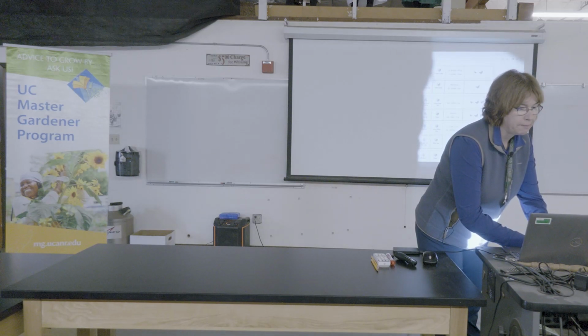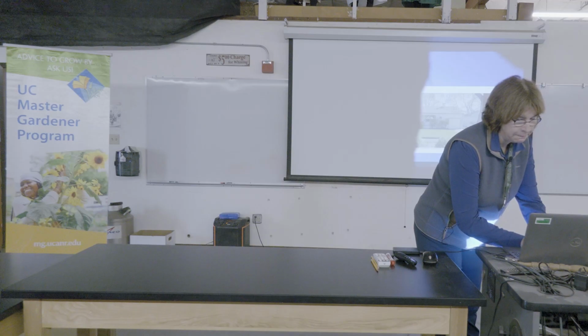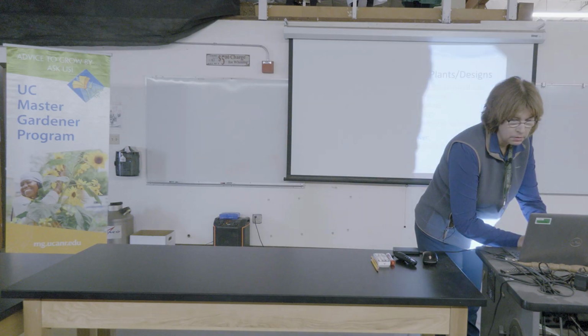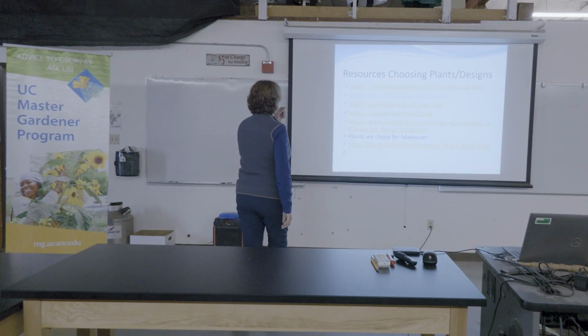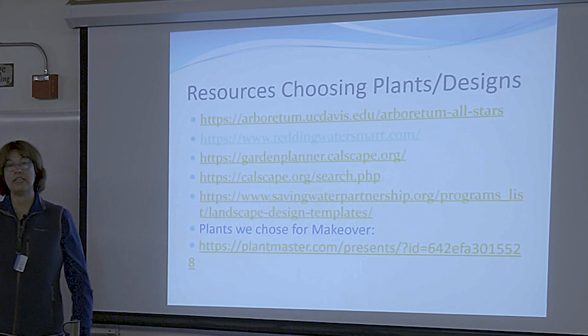There's also the other thing that I included on the PowerPoint, let's see if I can unhighlight that for just a second. The other thing I included on here is just a more advanced search in CalScape.